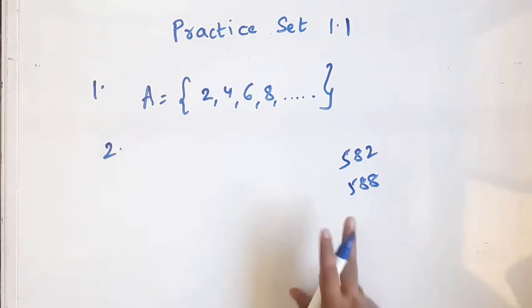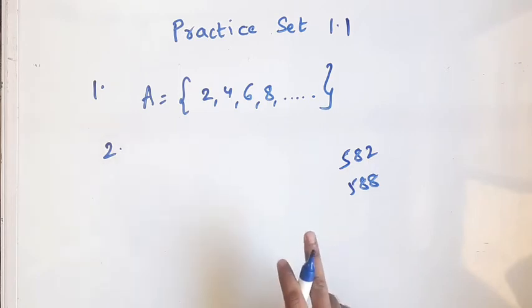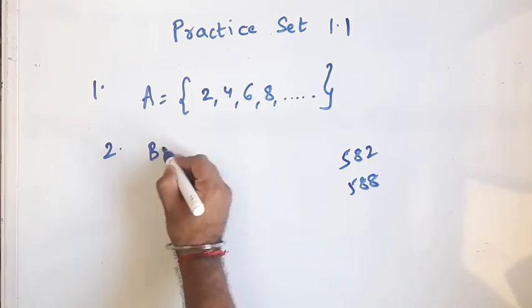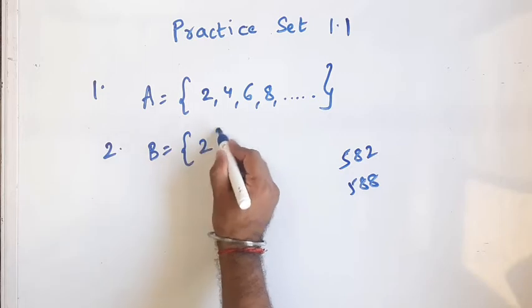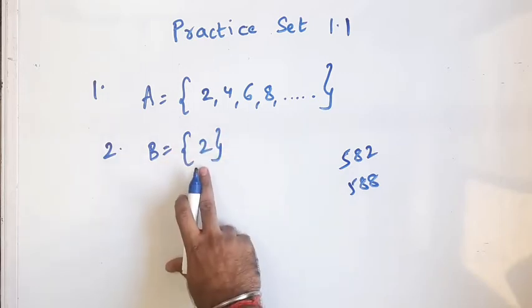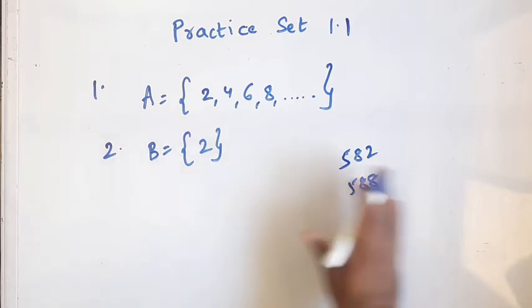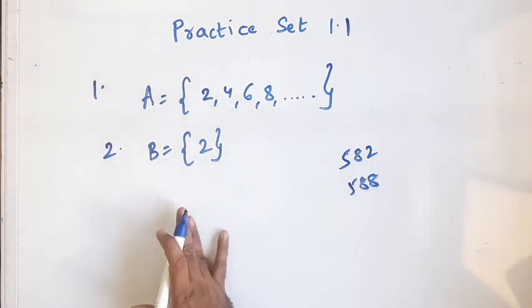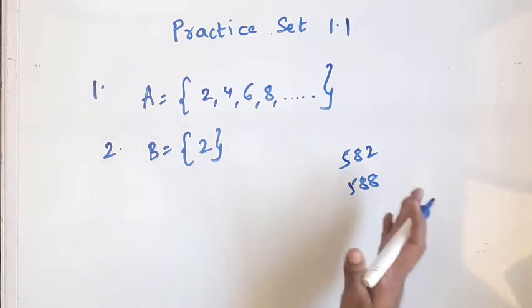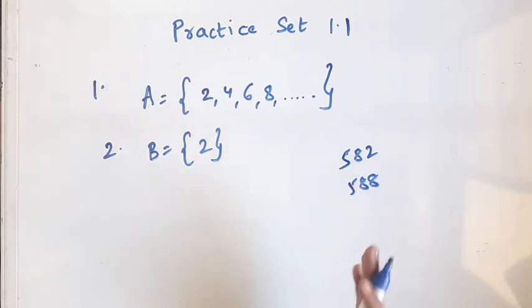Only one even number is not composite, and it is prime. That is 2. 2 is the only even prime number. It is prime also and even also. Rest all the even numbers come in the table of 2, hence they cannot be called prime numbers.